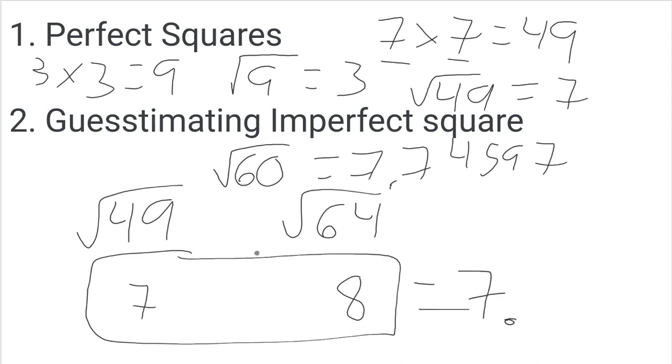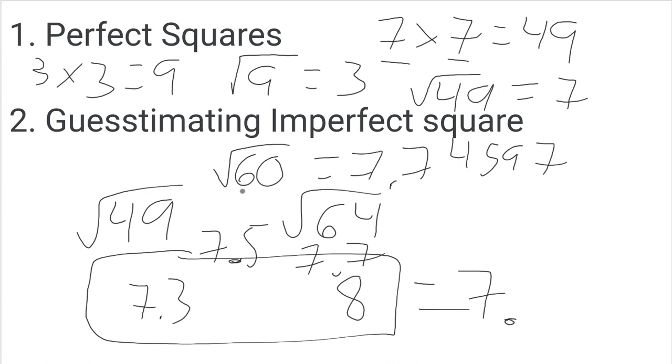Next, we're going to look and see, is 60 closer to 49? If it is, we're going to say 7.3. If it is closer to 64, we're going to say 7.7. And if it is perfectly in the middle, we're going to say 7.5. So it's either 3, 5, or 7.